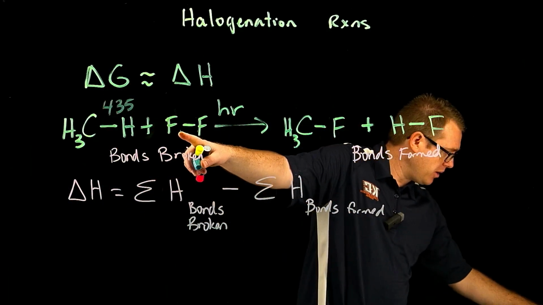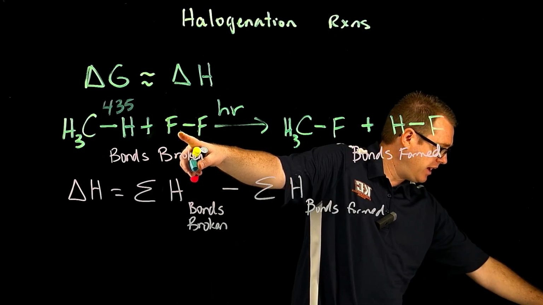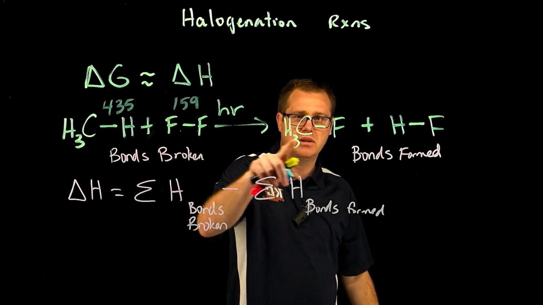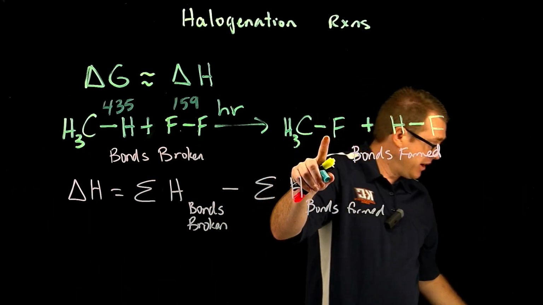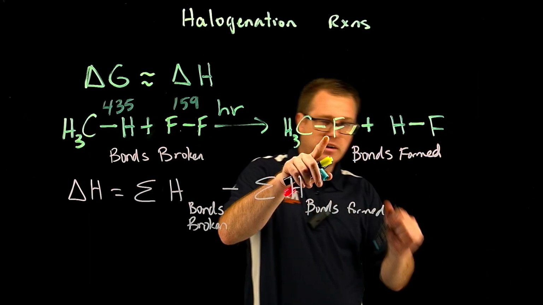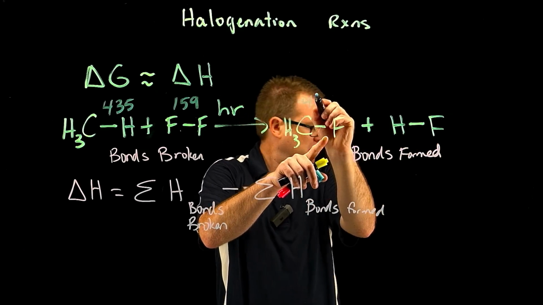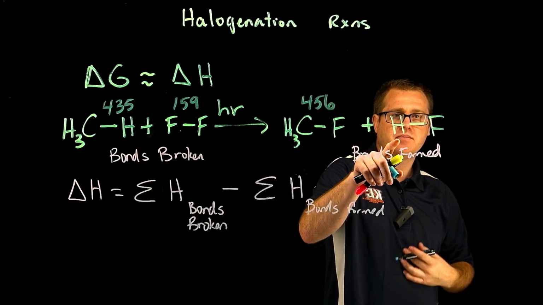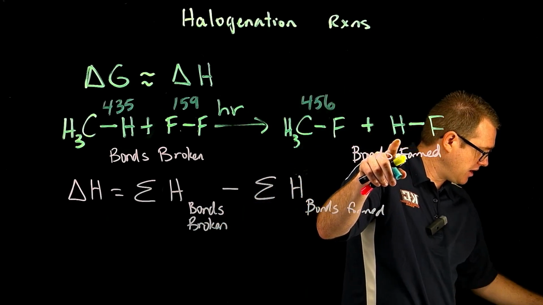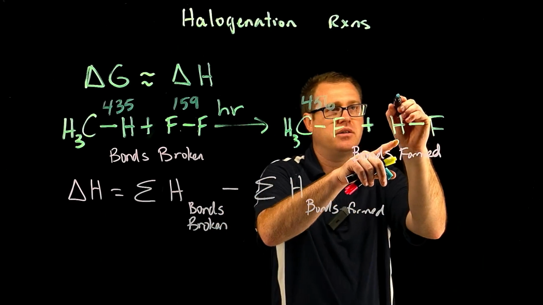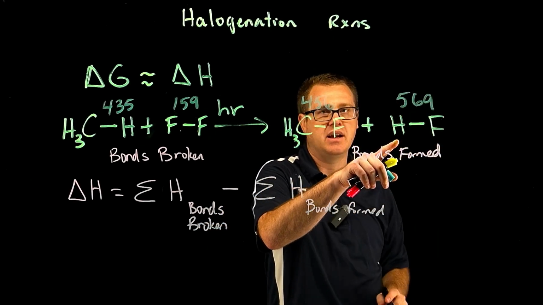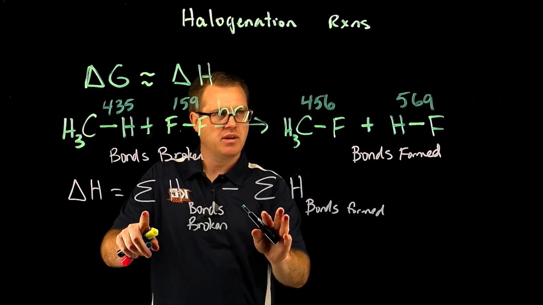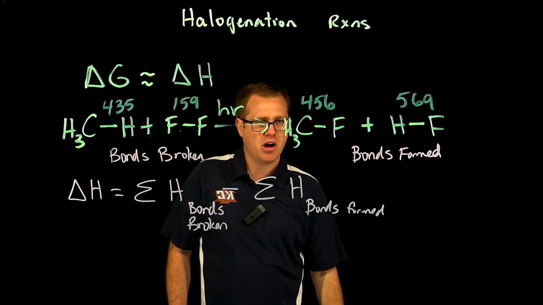And a fluorine-fluorine bond is going to be 159 kilojoules per mole. Forming a carbon-fluorine bond is going to be 456 actually, kilojoules per mole. And then the H-F bond is 569 kilojoules per mole.